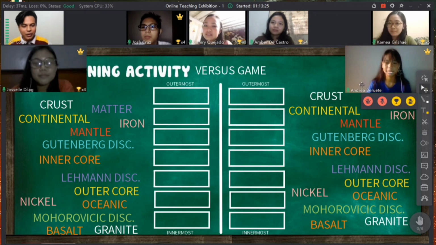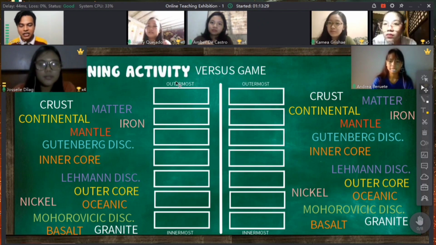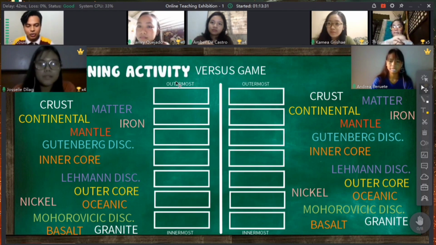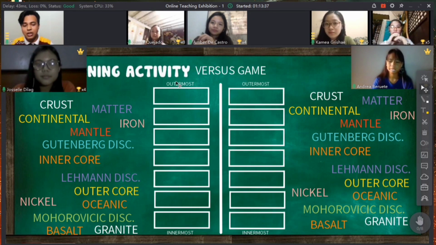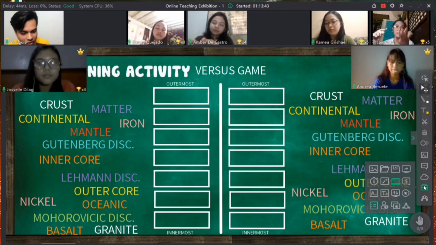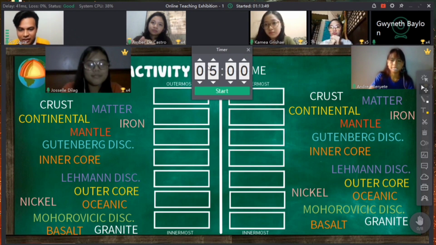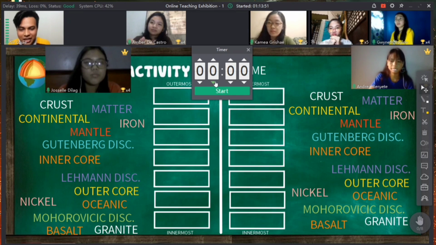Okay, so what you are going to do is to arrange or pick up the words and arrange them according to their real arrangement in our Earth's interior. You will be starting with the outermost on the top boxes down to the innermost at the last boxes. This task only has 30 seconds.